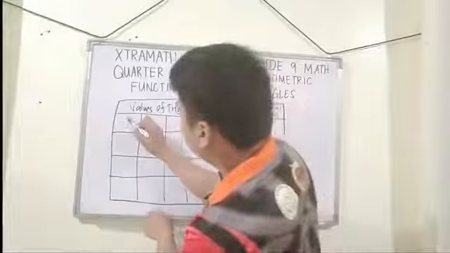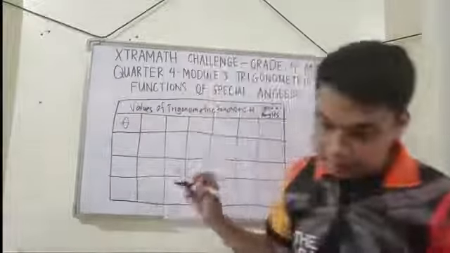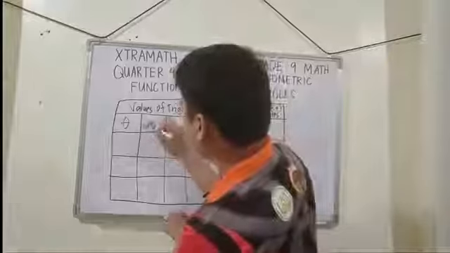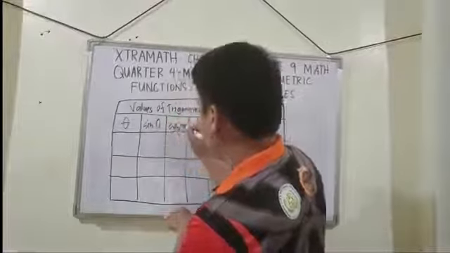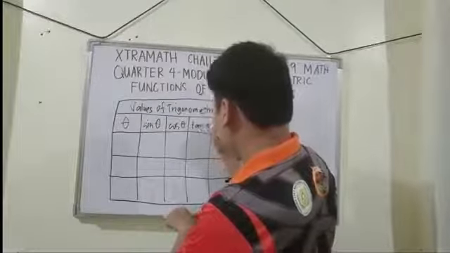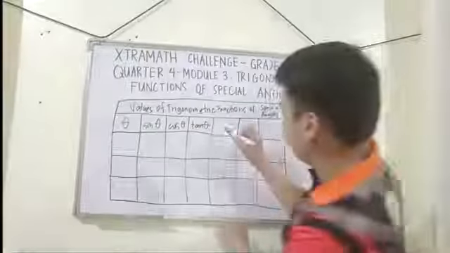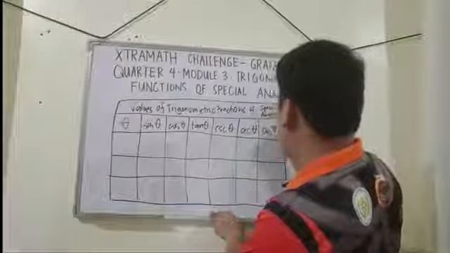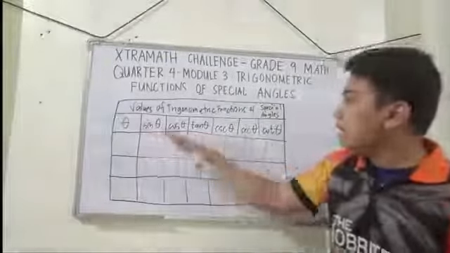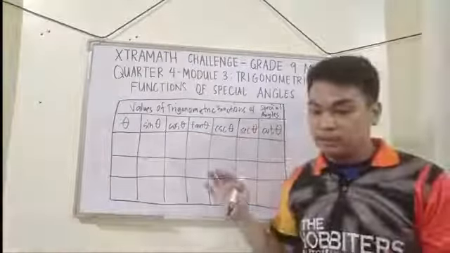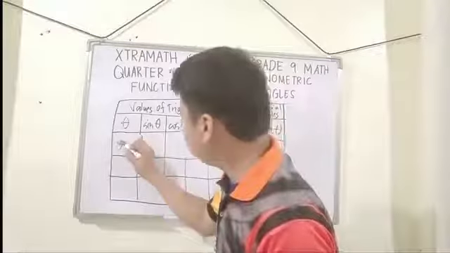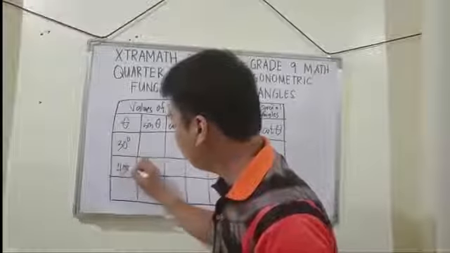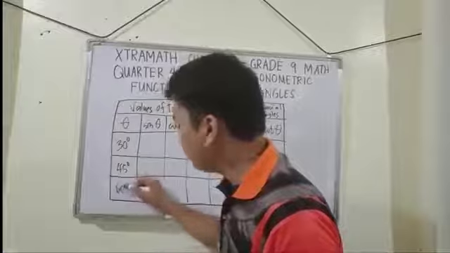This is the angle. This is sine theta, cosine theta, tangent theta, cosecant theta, secant theta, and the last one is the cotangent theta. So these are the 6 trigonometric functions. And this is 30 degrees, 45 degrees, and 60 degrees.